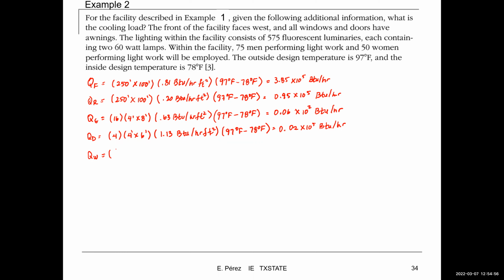This is going to be 2 times 4,500 feet square plus 2 times 1,800 feet square minus 16, 4 by 8, minus 4, 4 by 6.